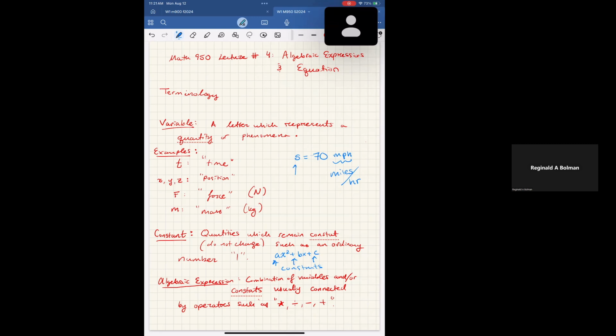Okay, this brings us to this term called an algebraic expression. Any combination of variables and/or constants that is itself connected by a sequence of multiplication operations, division operations, subtraction and addition operations, this is what is known as an algebraic expression. So for example, this nasty looking equation that I wrote here is an example of an algebraic expression.